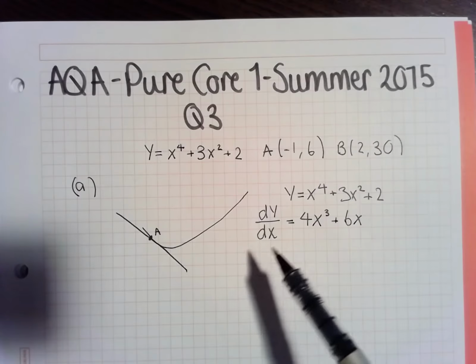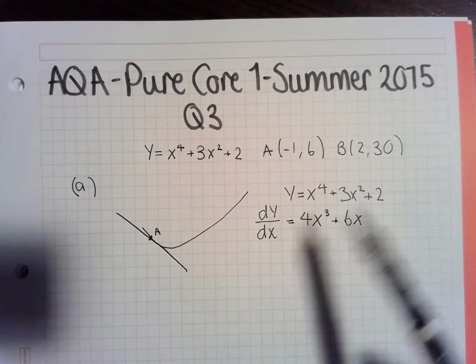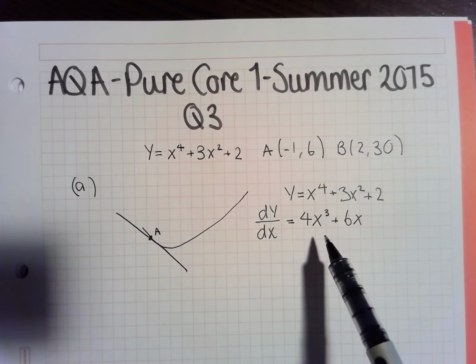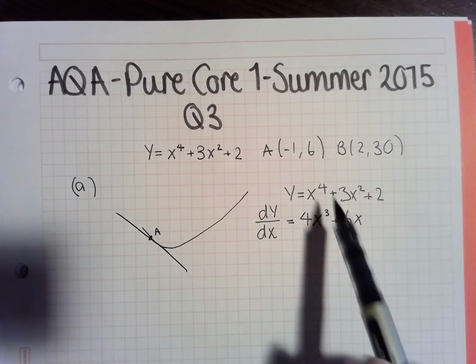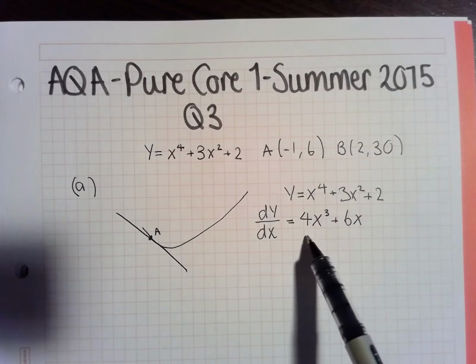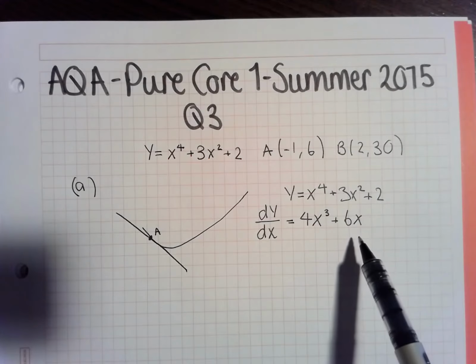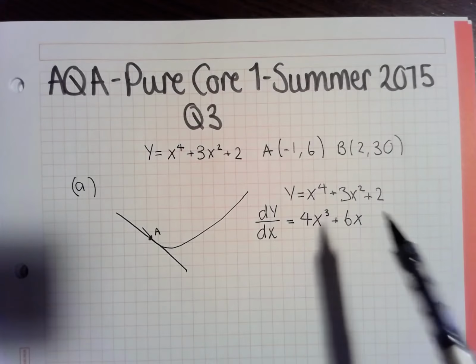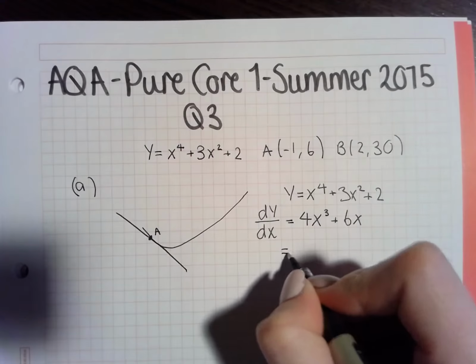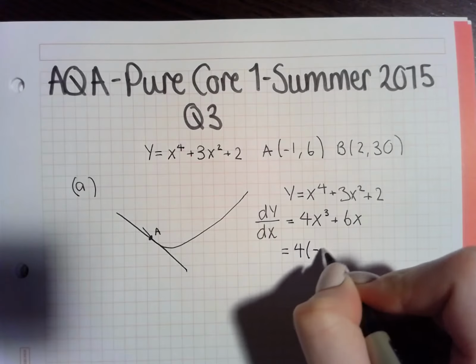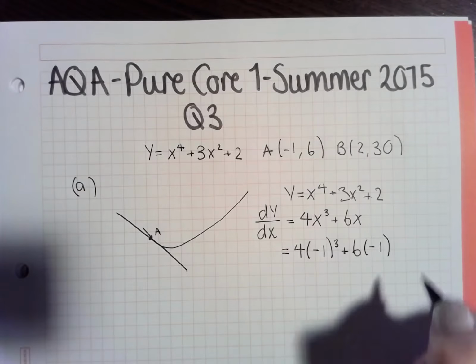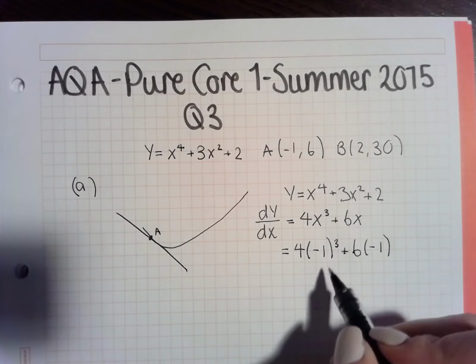And then to find the equation of the tangent to the curve at point A, we just need to plug the coordinates of point A into this, so the x coordinate basically, because there's no y in this. So we know that the x coordinate is -1, so let's plug in 4 times -1 cubed plus 6 times -1, and -1 cubed is -1.